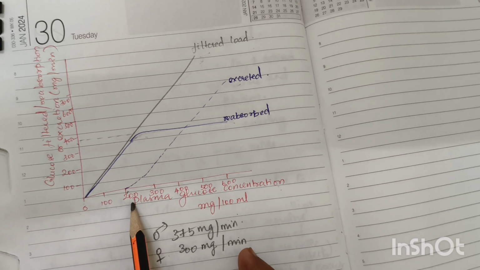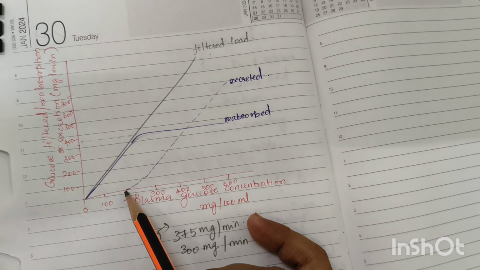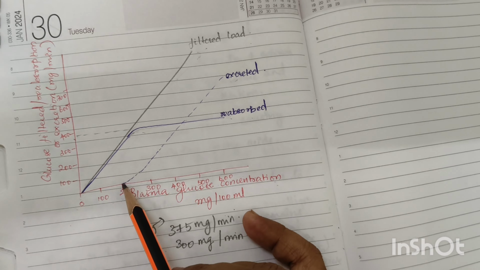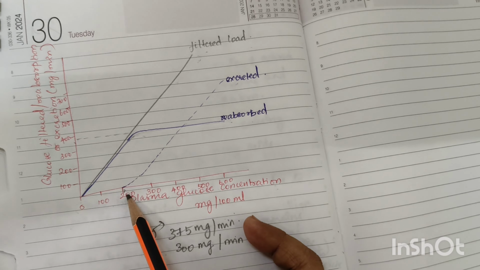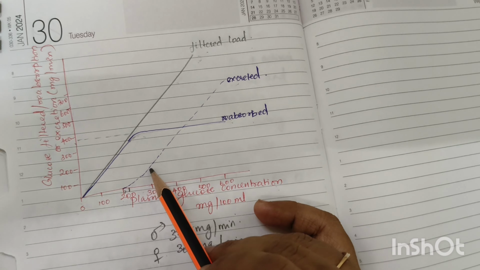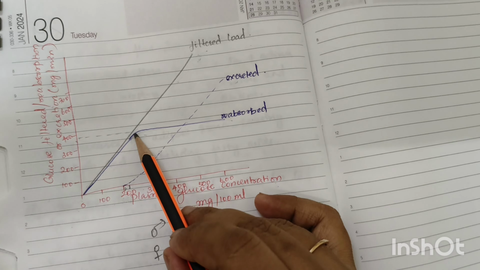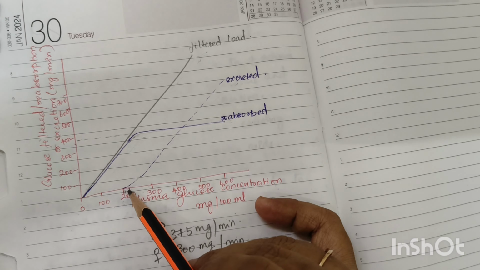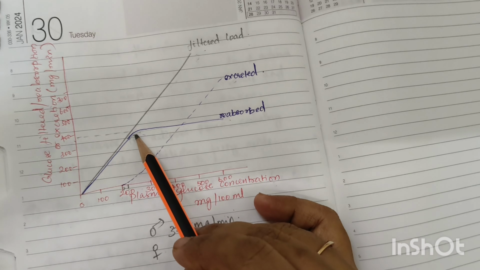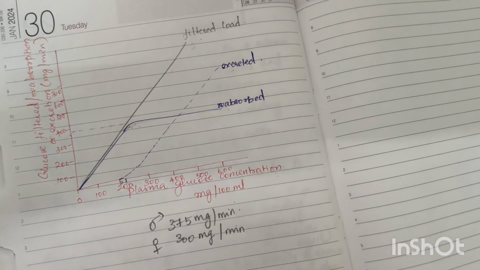Even when the plasma glucose concentration reaches 200 milligram per deciliter, and more so above 300 milligram per deciliter, the glucose starts appearing in the urine. This happens even before reaching the transport maximum. So this difference between the threshold level and the transport maximum level for glucose is called renal splay.